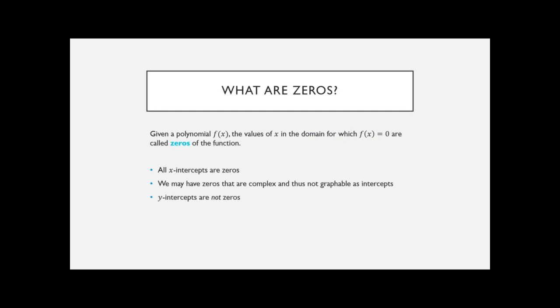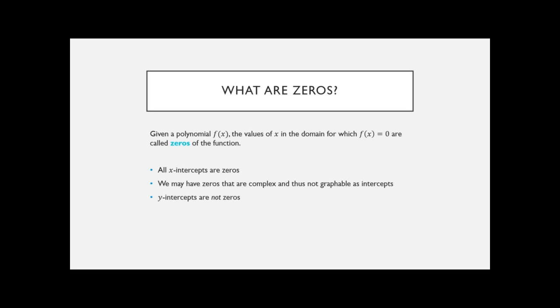Now, the rational zero theorem, it has the word zero in there, so you need to know, well, what exactly are zeros? So if you have a polynomial, any value where you set your polynomial equal to 0 and solve for x, those x values are called zeros. They are where your function is equal to 0 or the y is equal to 0. So every x-intercept is a zero of a polynomial.